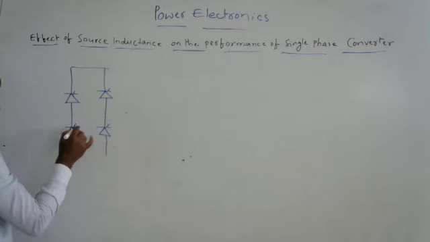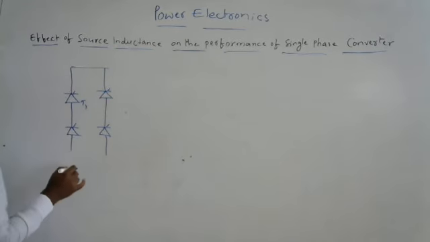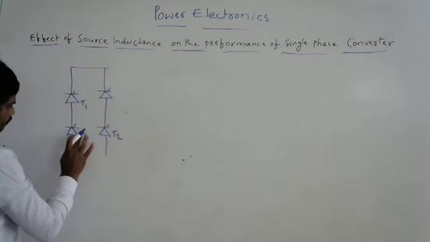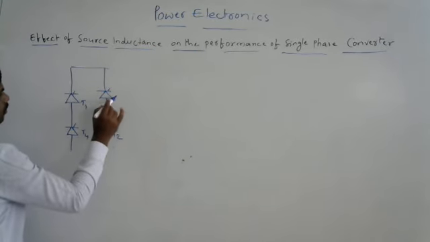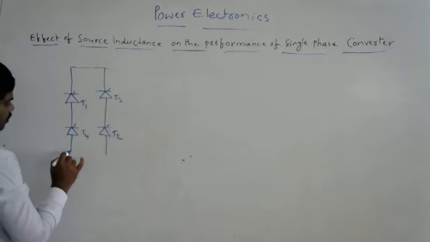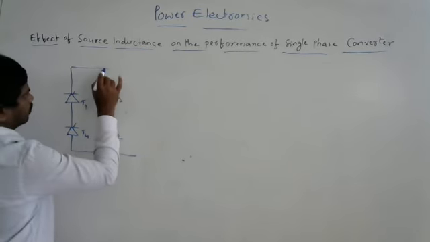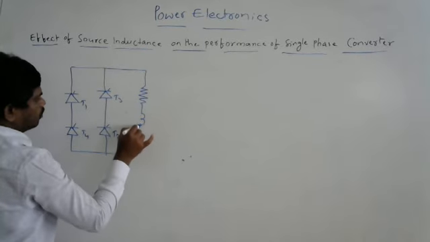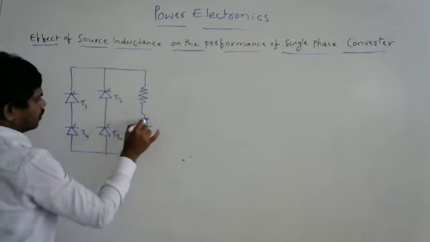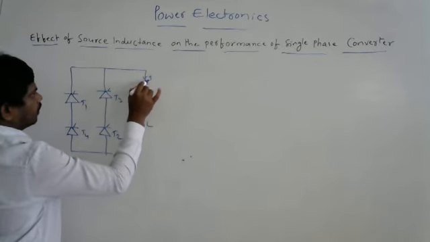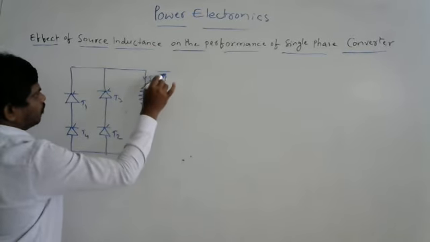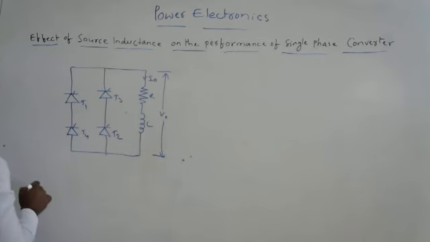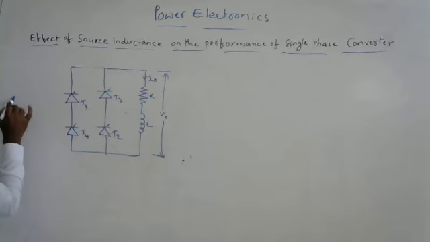I am labeling them based on the conduction of the thyristors, like this, and this is T3. We are going to connect this converter to an RL load, with L and R, and we get the output current. Due to the flow of output current, we have the output voltage across the output.